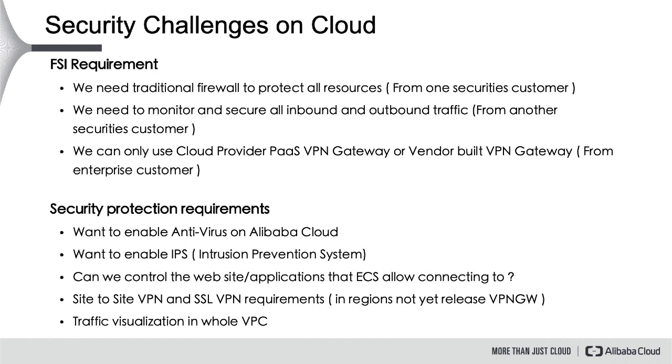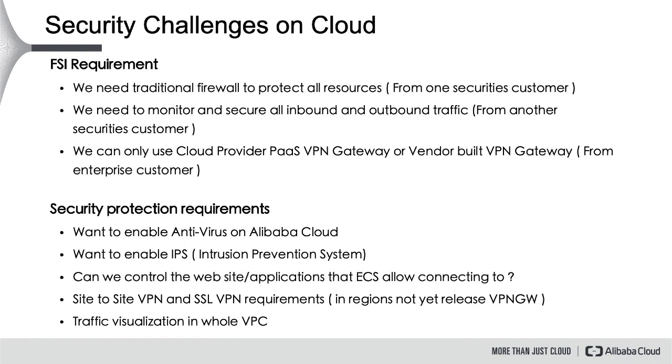Some customers also ask, do we have this kind of solution? In fact, IPS and IDS are very similar, in that IPS will also block the request, but IDS will only do the alerting when they find some special network traffic that is harmful to the network. Fortinet also has IPS capability.